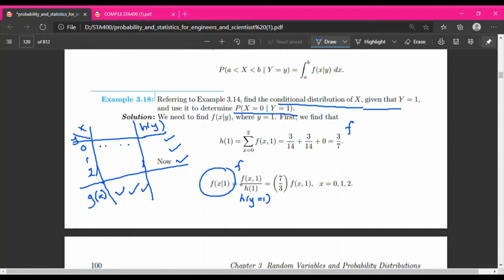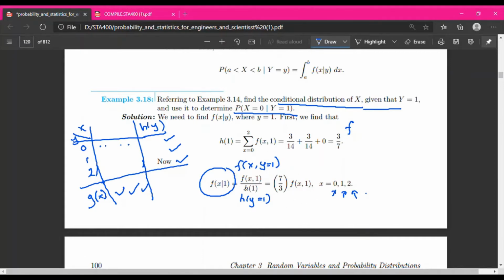Here f(x,y), 1. X here can be 0, it can be 1, and it can be 2. If we directly set x equal to 0 there is no problem, so here will be f(0,1) directly, like when finding a probability. But now we want to find the distribution of all the x given y equal to 1, so you have to do it one by one.